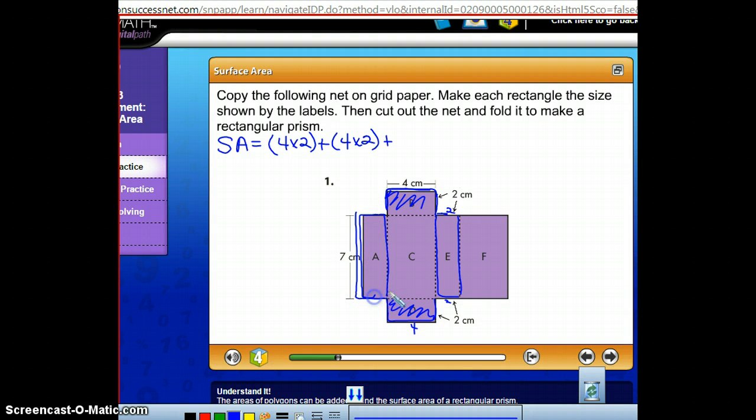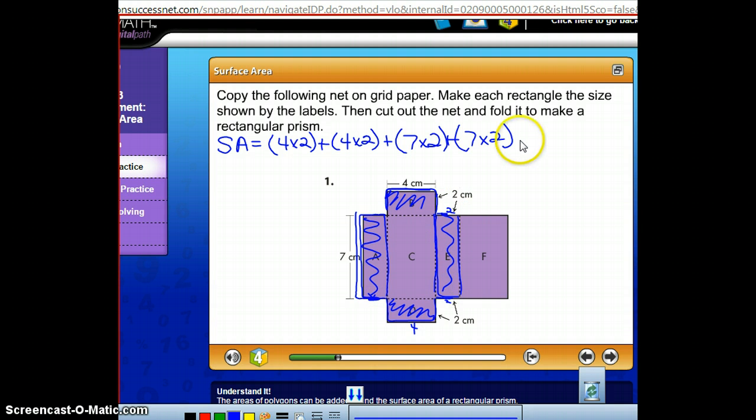This is 7 for the length, so this must be 7. And the width here, it doesn't tell us, but if we look over here, it's 2. So 7 times 2, that's one of them, plus 7 times 2, there's the other one. So now we're done with A and E.